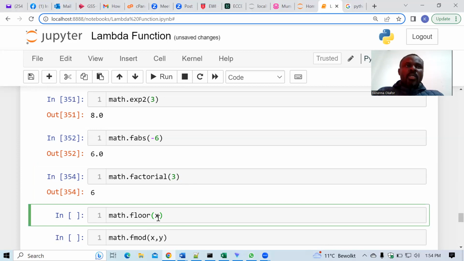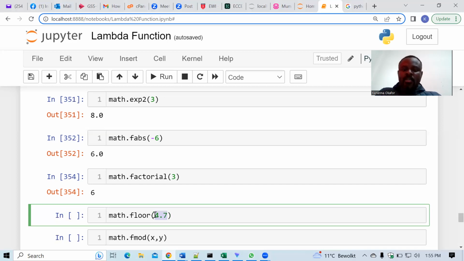Now, the floor is the greatest integer value that is less than the argument provided. In other words, if I have 4.7, I need a number that is less than this argument provided, less than 4.7, and it must be an integer value.